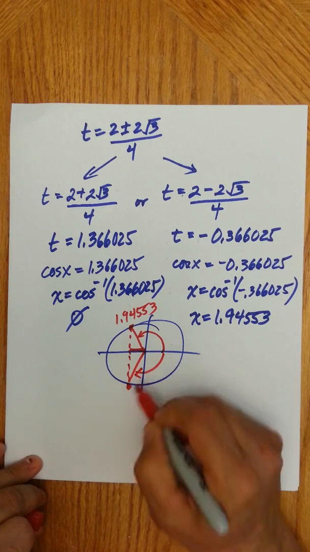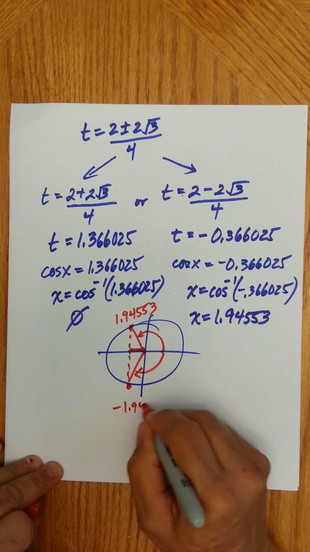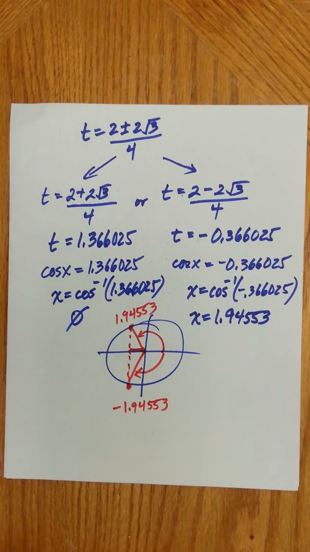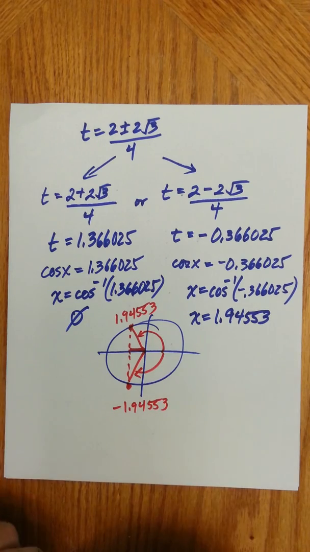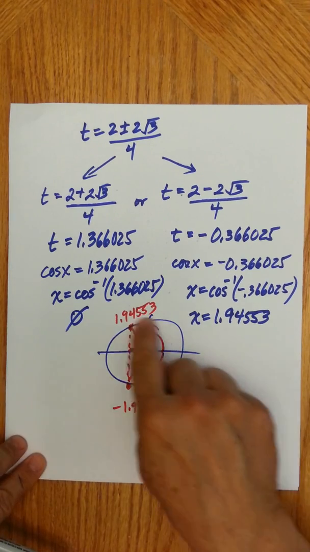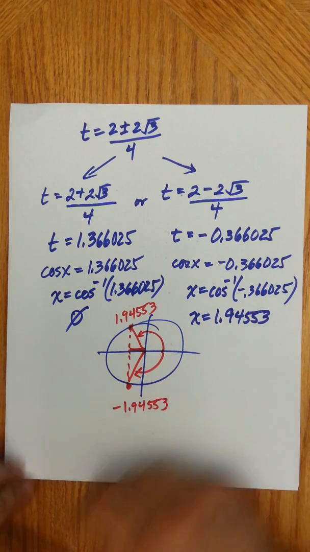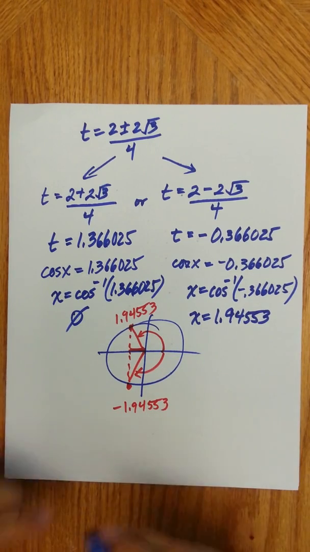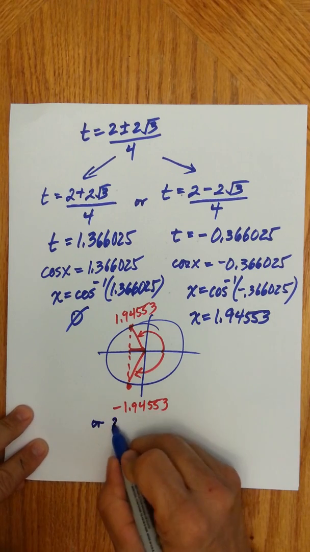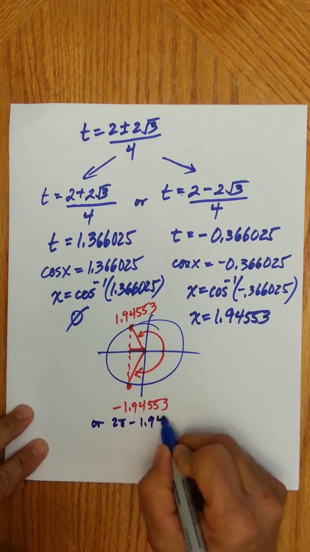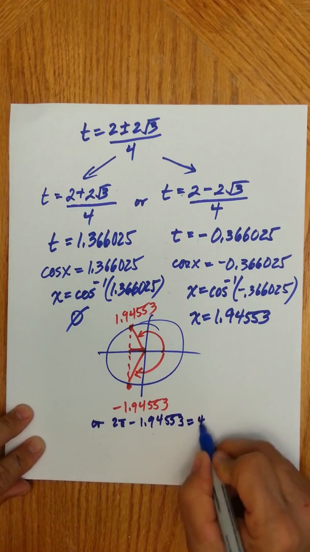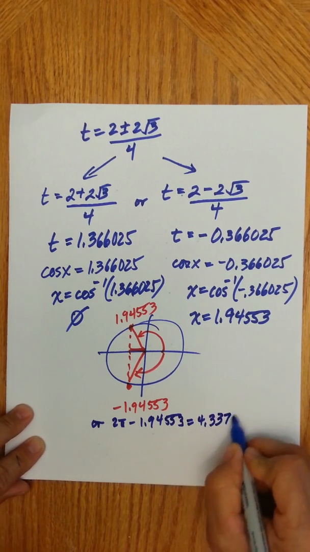So you also have the negative of the angle, so you have negative 1.94553. Now some people don't like to leave this as a negative. You could also say go 2 pi and then back up 1.94553, so 2 pi minus 1.94553, and basically you'll get 4.33765.